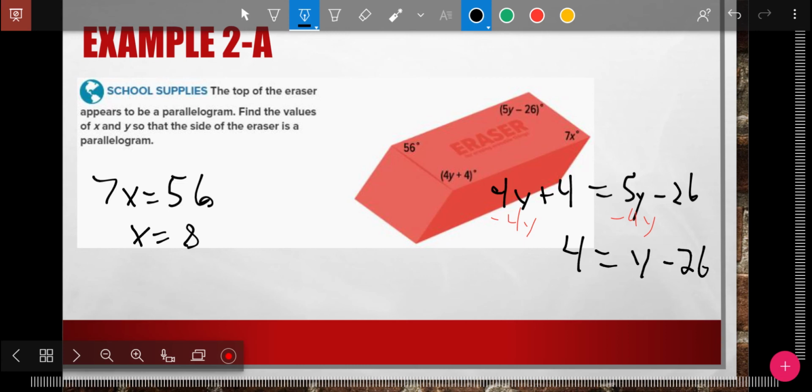What do I do next? I would add 26 over. And that gives me 30 equals y, which is the same as y equals 30. So I have my x, I have my y. If I plug those in, it would make the angles congruent, and so therefore it would be a parallelogram.